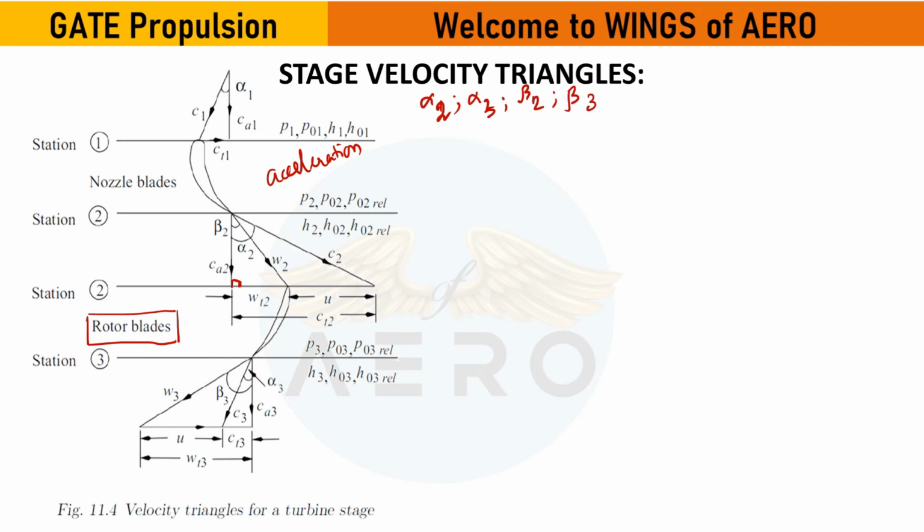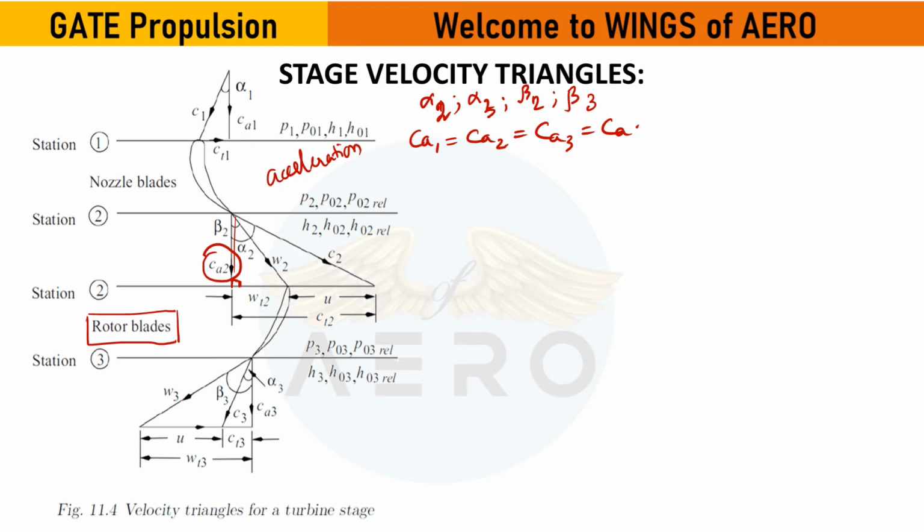Here we are going to make some relations. And how to make the relations? First you see, let's take the bigger triangle and the smaller triangle. Take Ca as constant, because in an axial compressor we always consider Ca1 equals Ca2 equals Ca3 equals Ca. So we will keep Ca as a common factor.